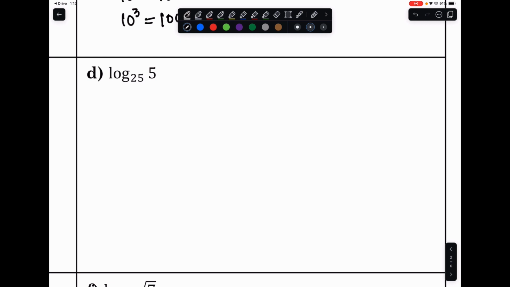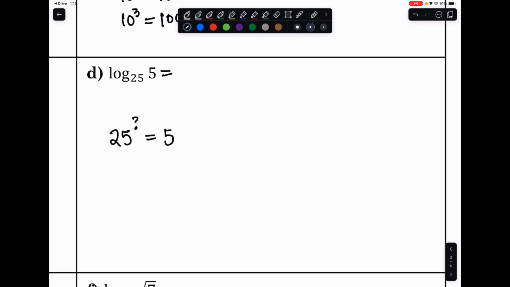Now this one's different because we're not getting a fraction, but what we're getting is 25 has to be raised to some power to equal the value of 5. Well, this is another property that we reviewed when we were going over exponential expressions.